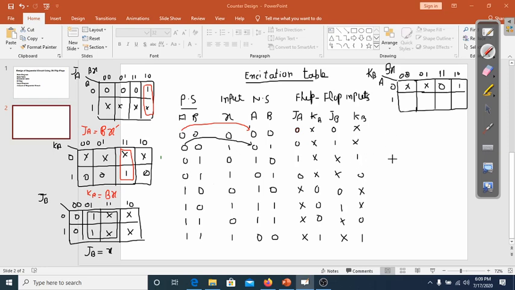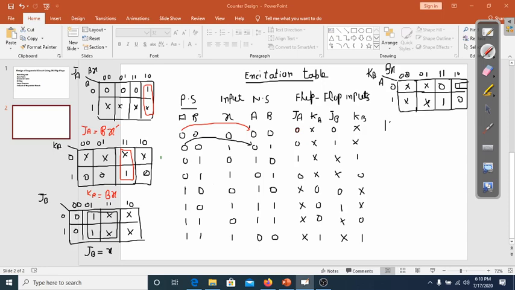For combination 1 0 0, KB is don't care. For combination 1 0 1, it is a don't care. For combination 1 1 1, it is equal to 1. For combination 1 1 0, it is 0. Now you can see we cannot simplify this Karnaugh map this way.